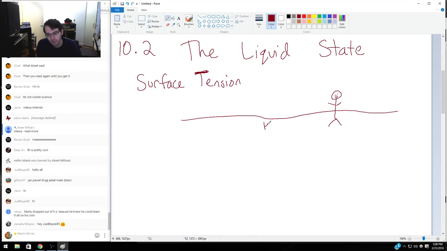This is water. Now, the water molecules, if you zoomed in really close, you'd have this dipole-dipole attraction, right? These are the intermolecular forces that keep this water, otherwise it would not be water.